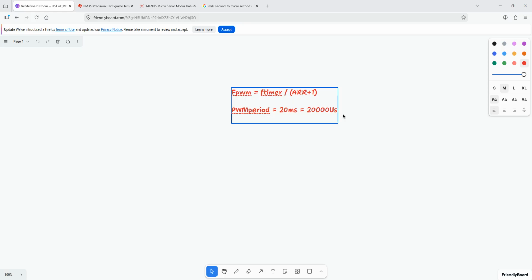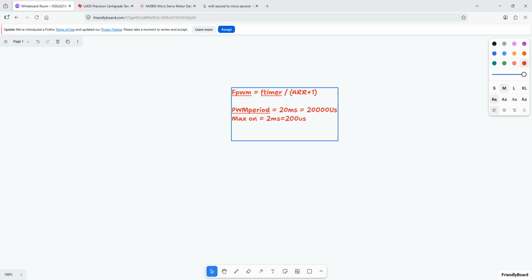The maximum on time is around 2 milliseconds, which is equivalent to 2000 microseconds.